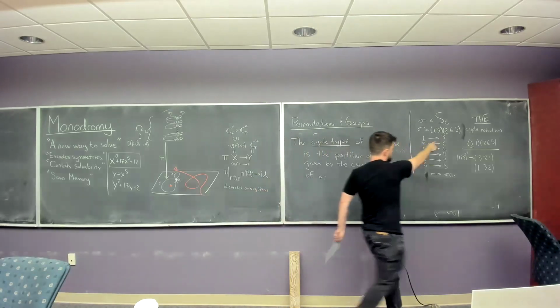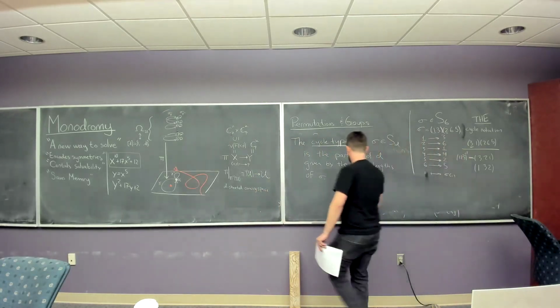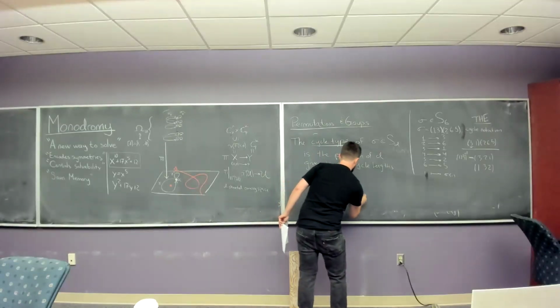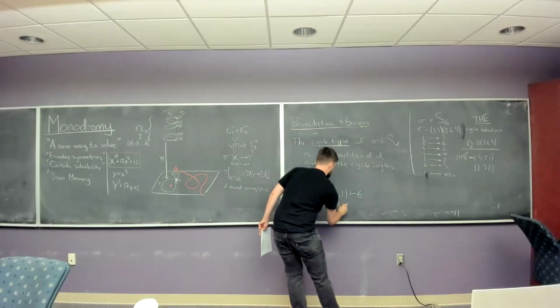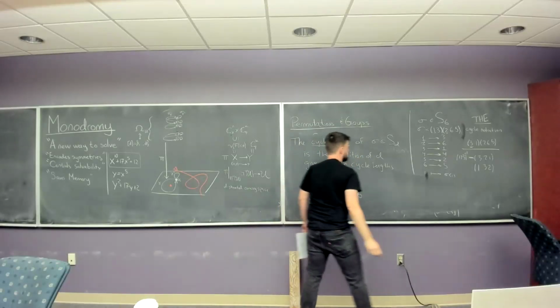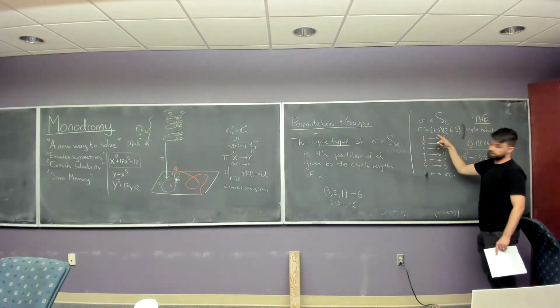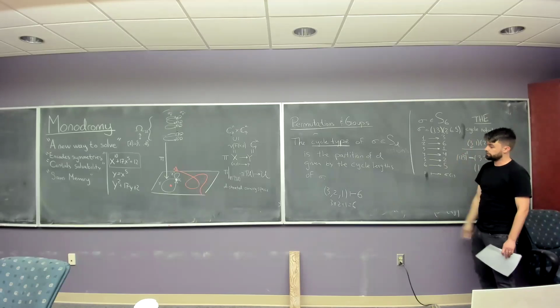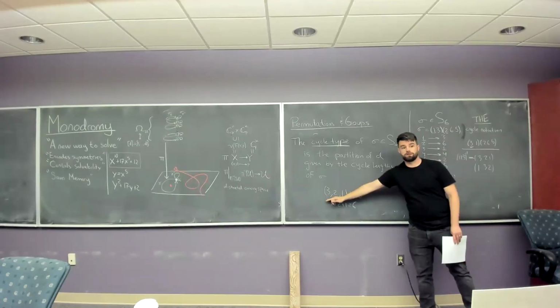So for example, the cycle type here is 3, 2, 1. It's a partition of 6, since 3 plus 2 plus 1 is 6. And indeed, this permutation has a cycle of length 2, a cycle of length 3, and a cycle of length 1. I've just written it in weakly decreasing order.